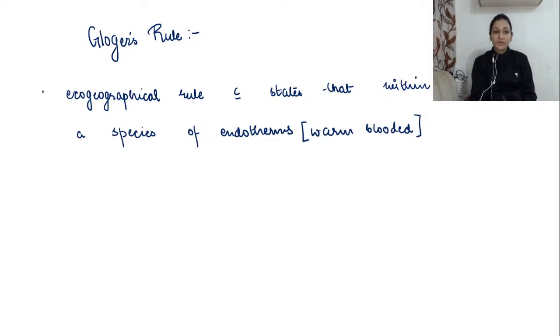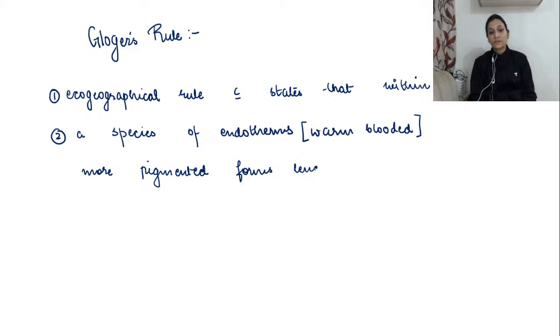it's an ecogeographical rule which states that within a species of endotherms, more pigmented forms tend to be found in more humid conditions.